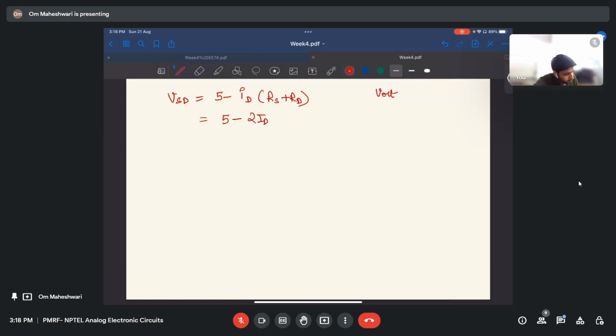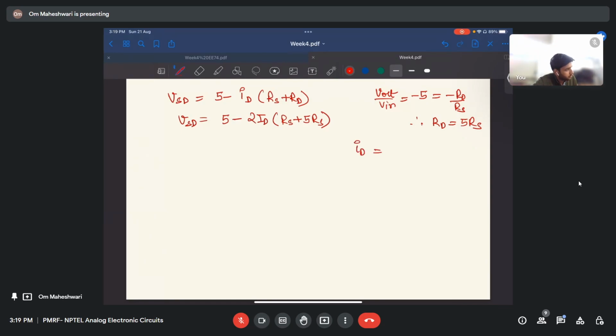Our V out by V in gain was minus 5, equals minus RD by Rs. Therefore, RD equals 5 Rs. So I'll write Rs plus 5 Rs.